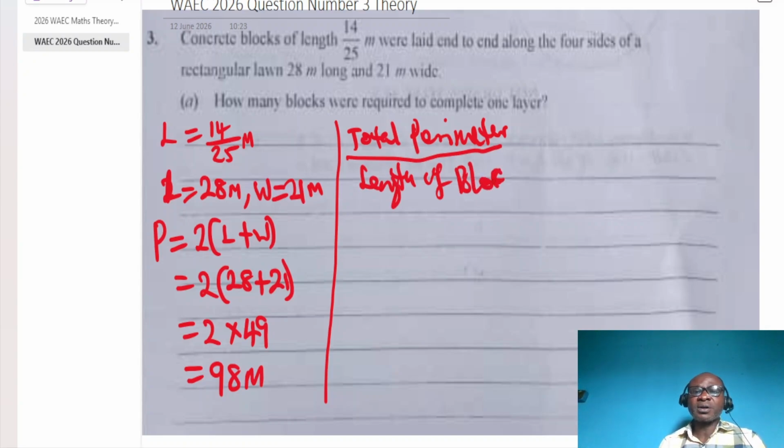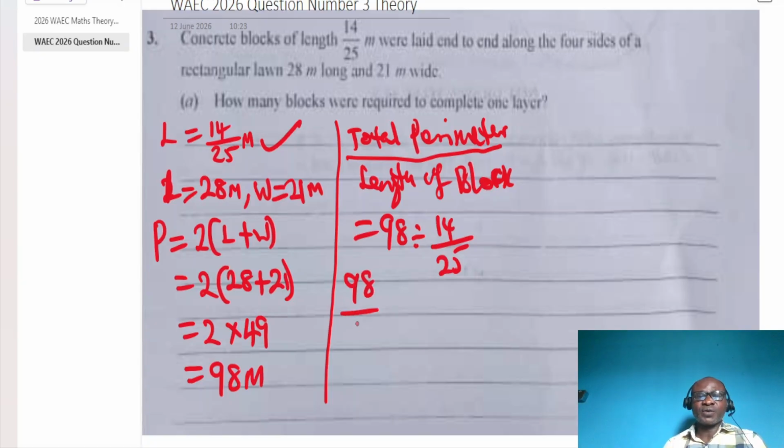So, the total perimeter is 98 divided by the length of block, which is 14 over 25 as given to us here. Meaning that this is 98 over 1 multiplied by 25 over 14. We can make use of a calculator. 98 multiplied by 25 gives us 2450.